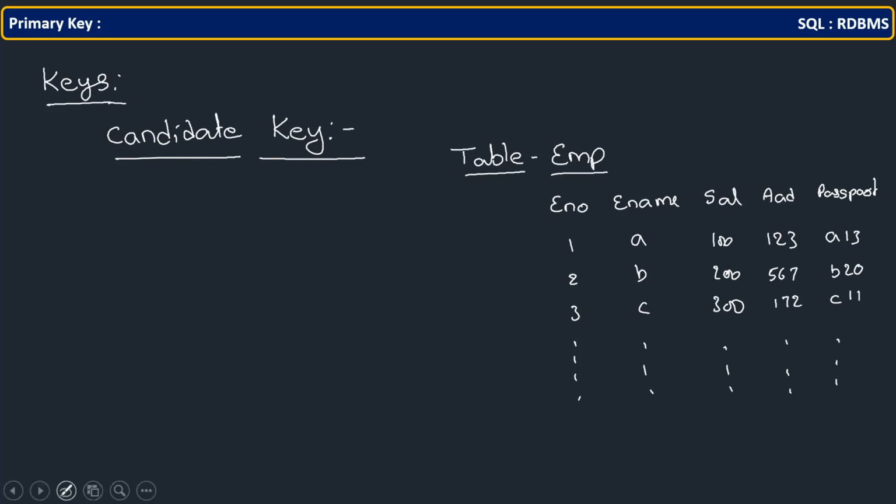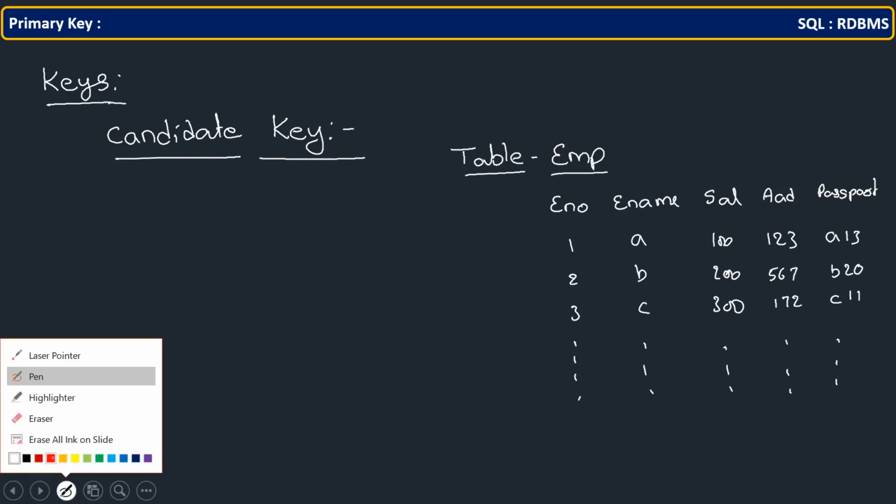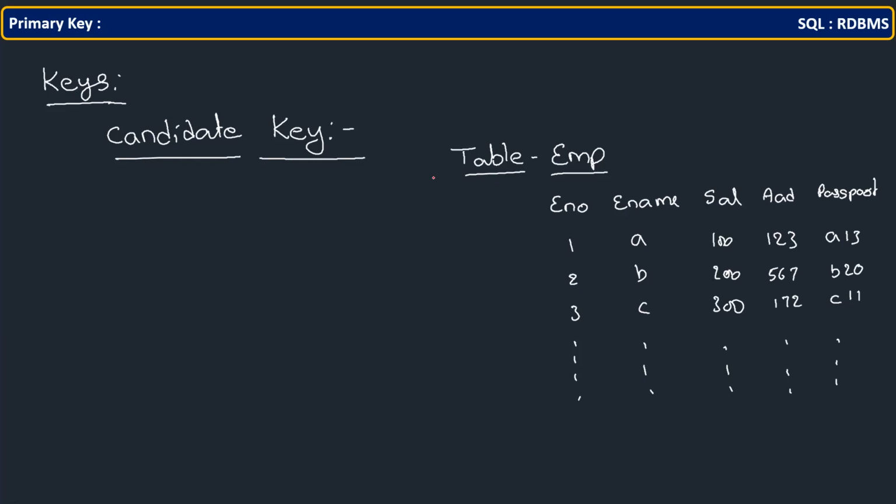So what is the meaning of candidate key? Here you must identify every record uniquely. Suppose I ask you, the fourth employee's name is A, what is employee A's salary?